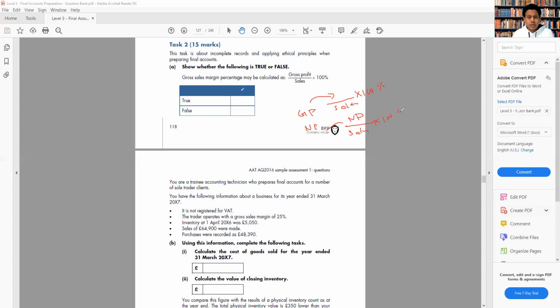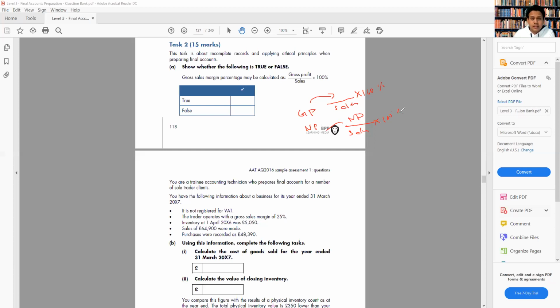That's it. So this is the profitability ratio that you will learn more about when you do your Level 4. There is a lot of ratio analysis in a paper called Management Accounting, Budgeting, Costing, and Decision Making.